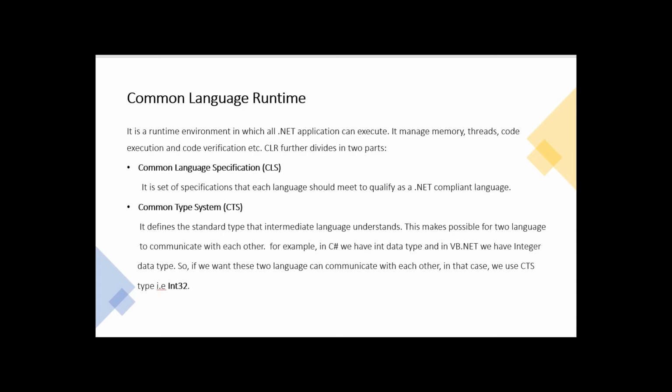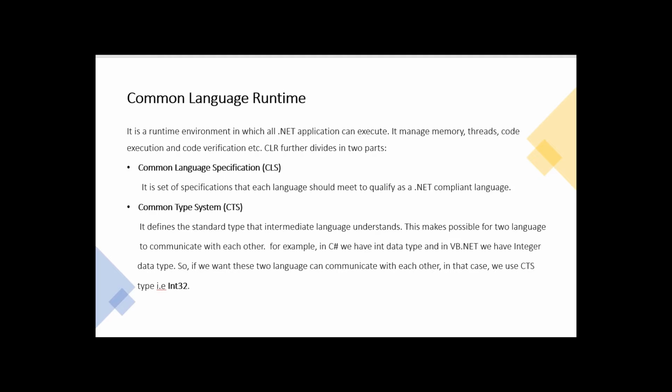So next is CTS, the common type system. Common type system defines the standard types that intermediate language can understand. This makes it possible for two languages to communicate with each other. As we know, in the .NET framework we have multiple languages like C#, F#, VB.NET, etc. If we want two languages to communicate with each other, that can only be possible with the help of CTS.